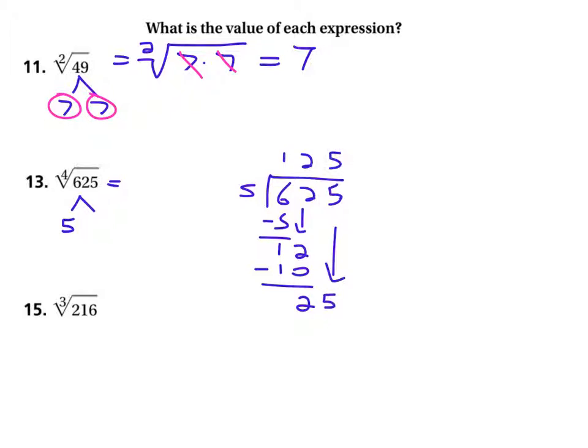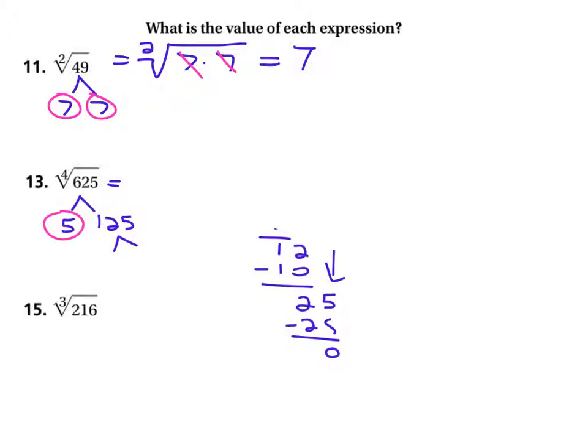And 5 goes into 25 5 times. So you can say that's 5 times 125. And of course, you circle 5 because it's prime, and 125 gets broken down further because it's not prime.